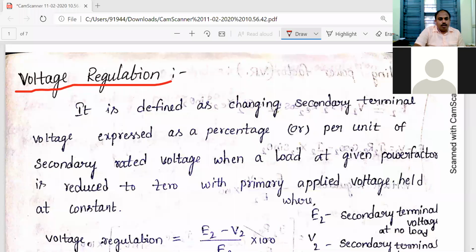So today I will give a brief introduction about voltage regulation of transformers.